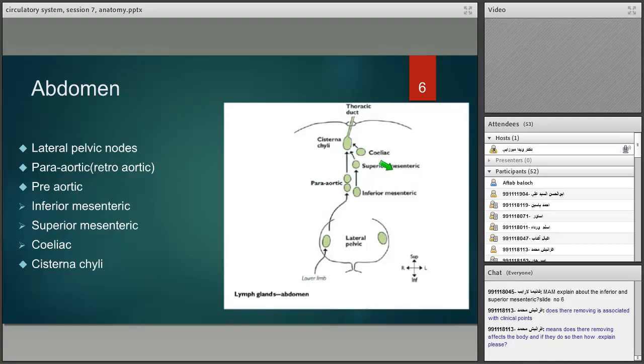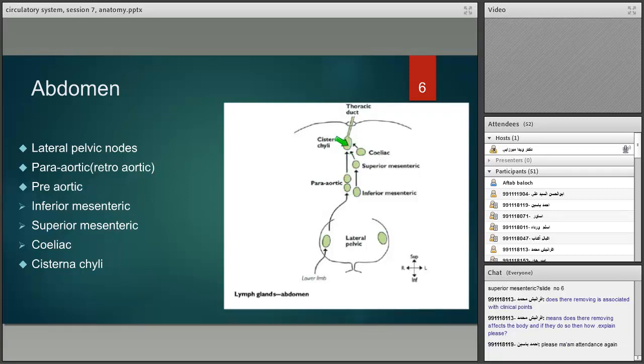Superior mesenteric drains the lymph from the small intestine, the transverse colon, the ascending colon, and some parts of the pancreas. And the celiac system drains the lymph from the pancreas, the hepatic part, the splenic part, and the left gastric. And all of them will drain into the pre-aortic nodes and then the cisterna chyli.